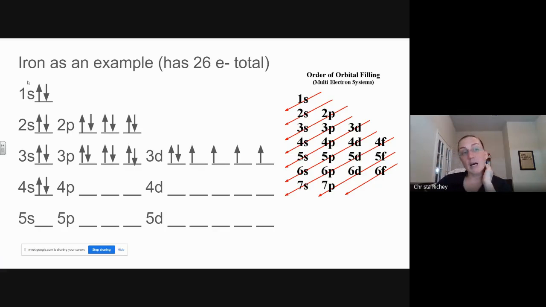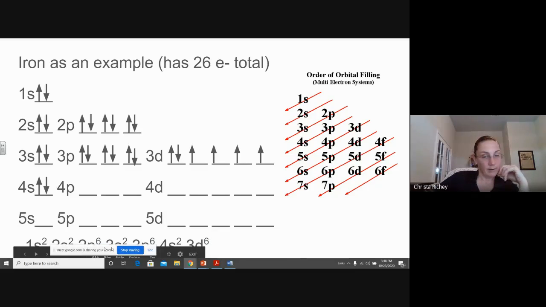So that means that iron's actual configuration is 1s2, 2s2, 2p6, 3s2, 3p6, got to go down here next, 4s2, and then 3d6, which now my thing is in your way.